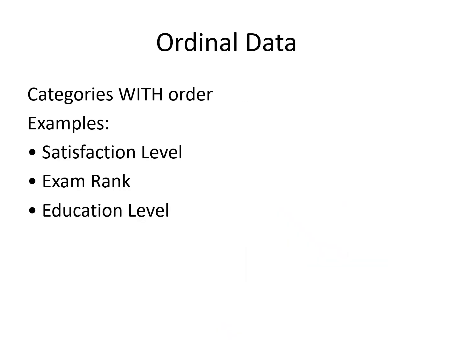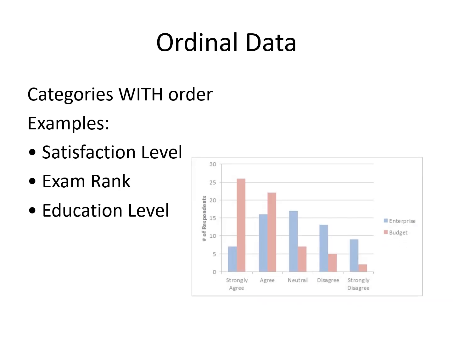Next, ordinal data also consists of categories, but this time the categories have a meaningful order. For example, poor, fair, good, excellent. Or first place, second place, or third place. The categories are ranked from low to high.